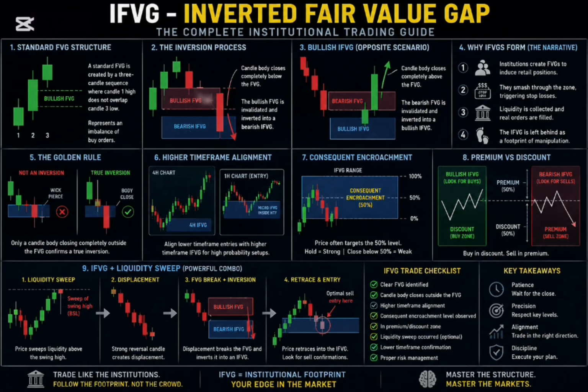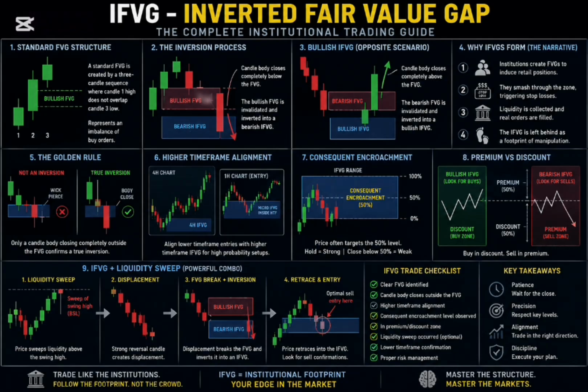Once the retail orders are heavily clustered, the institutions intentionally smash through the zone. This aggressive move triggers all the stop losses, clearing out the retail money completely.